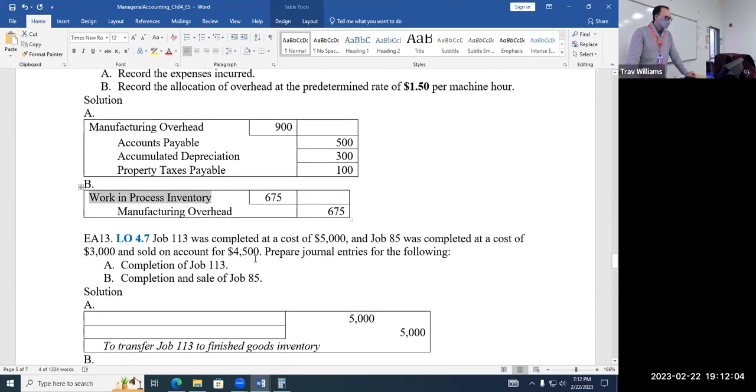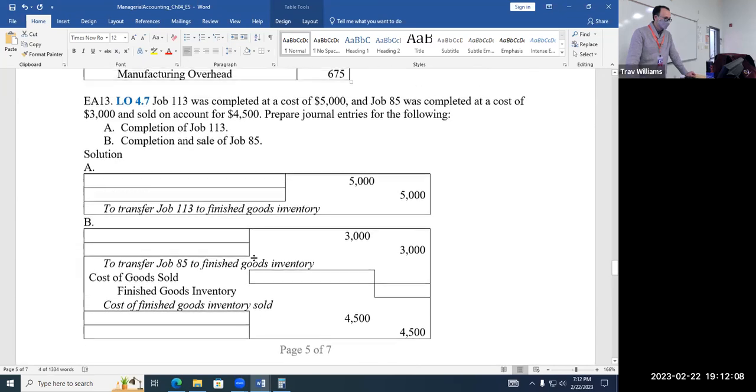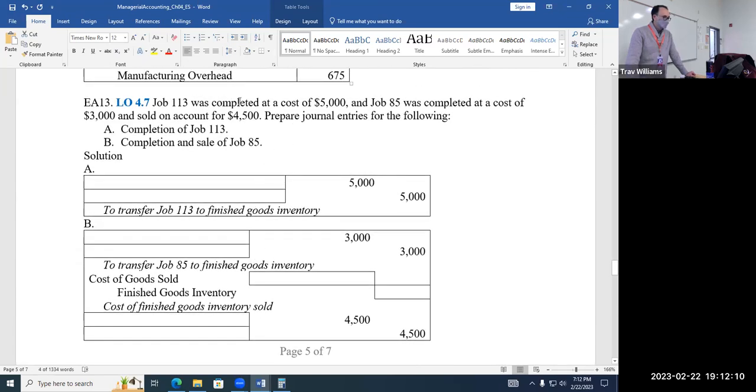Okay, are we ready for 13? This job was completed at a cost of $5,000. Then there's another job completed at a cost of $3,000 and also sold. Okay. So first we have to journalize the completion of job 113.